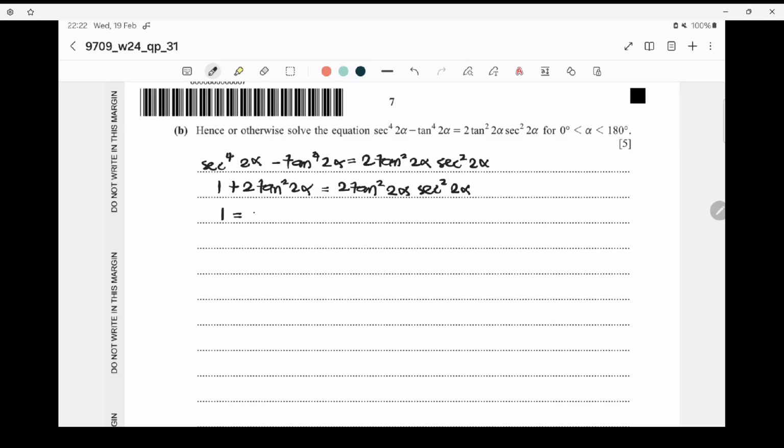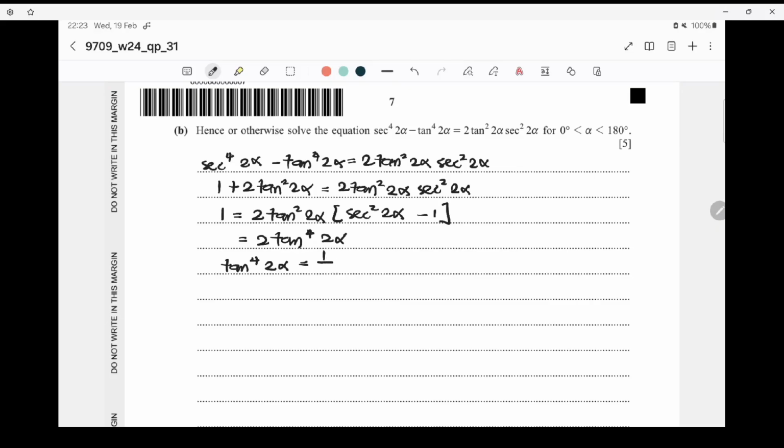So then you notice that you can factor out 2 tangent square 2 alpha. You have secant square 2 alpha minus 1. So by identity, that is tangent square 2 alpha. So in the end, you have 2 tangent to the power of 4 2 alpha. So tangent to the power of 4 2 alpha is 1 over 2.